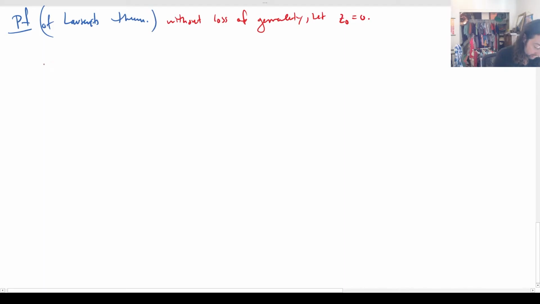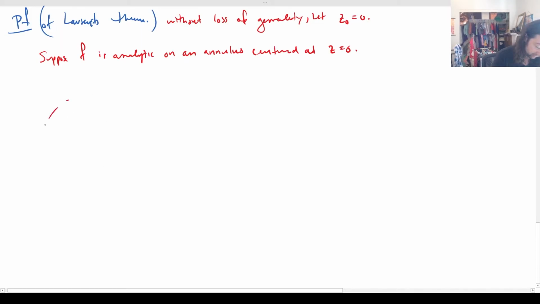And let's suppose that f is analytic on an annulus centered at z equal to 0.